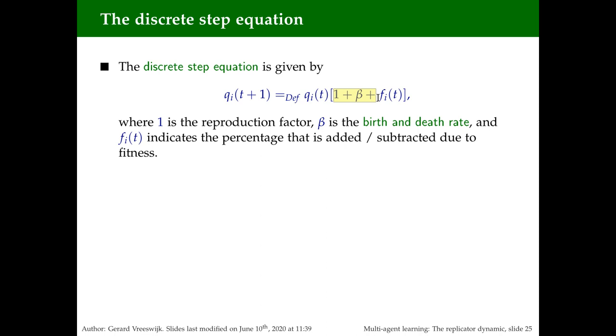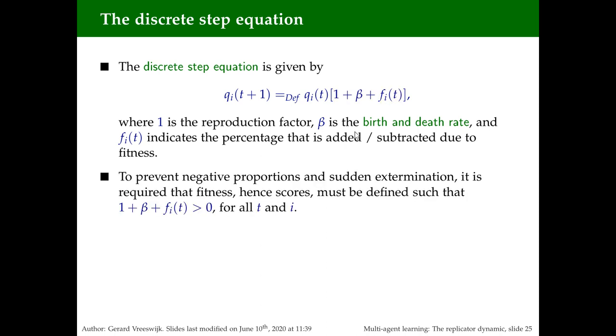But then you have to make sure that these numbers are positive. You have always to ensure that, to prevent negative proportions, which don't exist obviously, and a certain extermination of species, it is required that this number here is always positive.